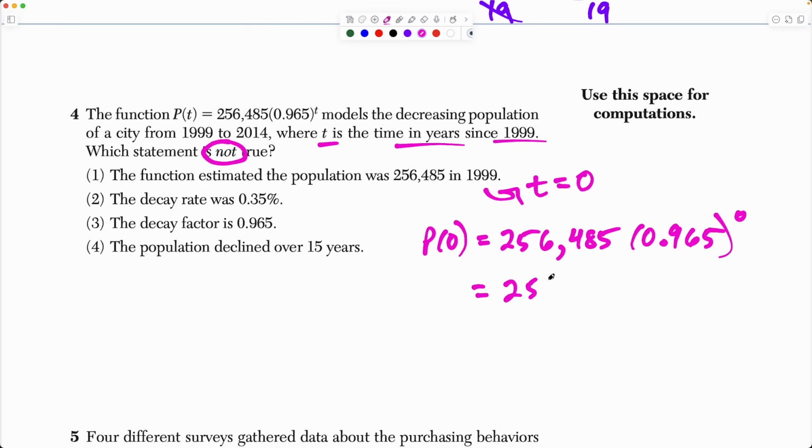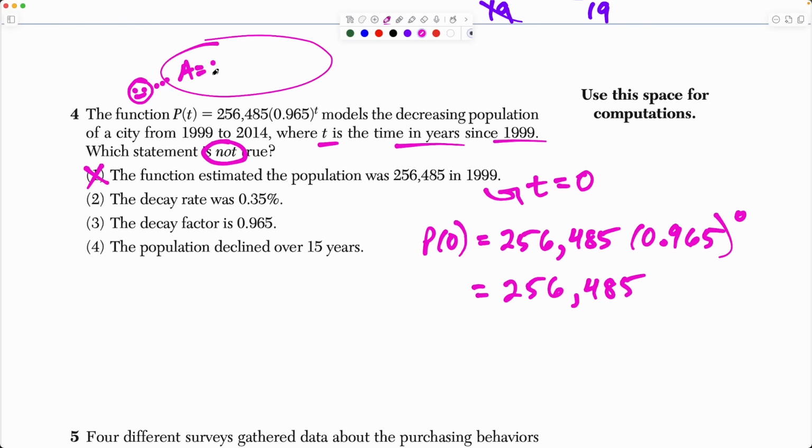So we would get 256,485, which matches choice 1. We want the statement that's not true, so this one here is out. Now we move on to 2. The decay rate was 0.35%. The formula that automatically jumps to mind for me is this one from Algebra 1, when we have a equals p times 1 plus or minus r to the t power.